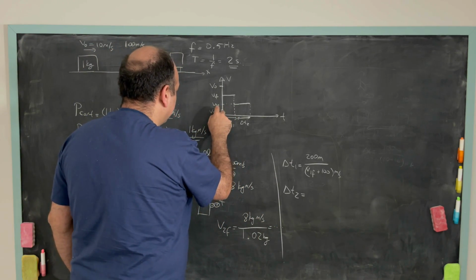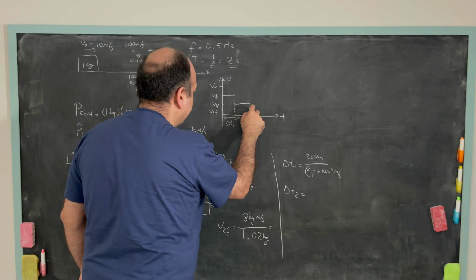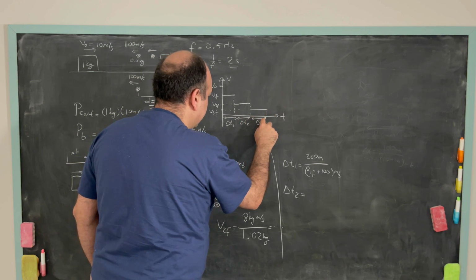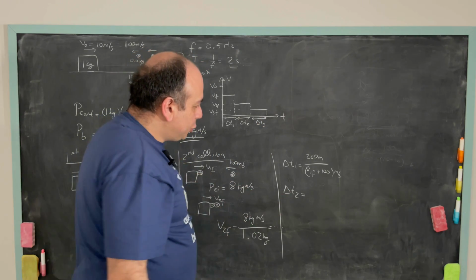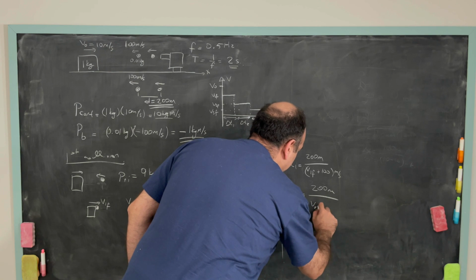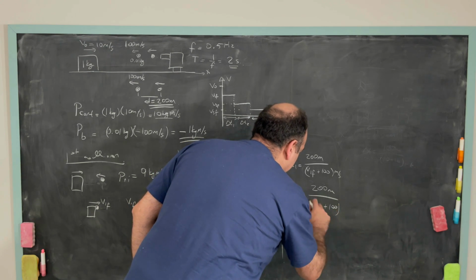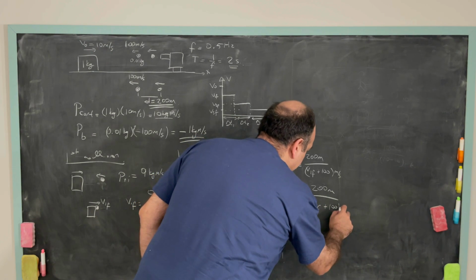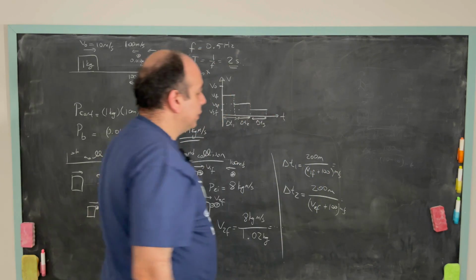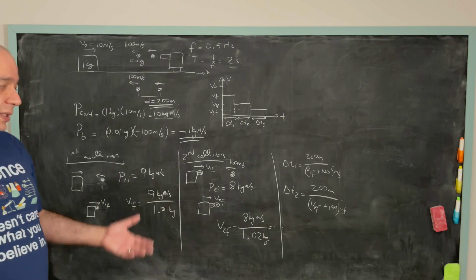So after the third collision, the speed would be V3F, right? So delta T2 would be equal to, similarly, 200 meters divided by V2F plus 100. This is in meters per second, of course. And this is how you can calculate delta T1, delta T2.